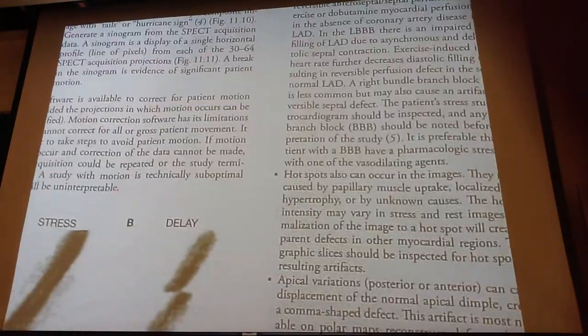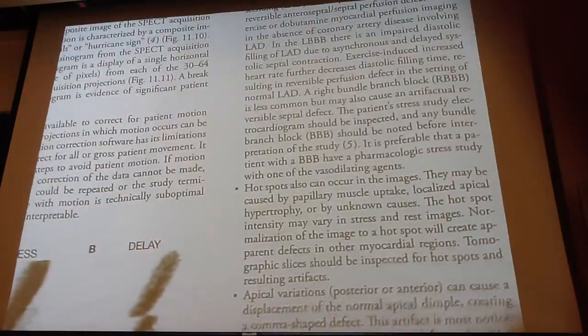I saw the motion correction software, they work very good. Well, but they're expensive though. Your options for motion correction are either you redo the test, or you use the motion correction software.